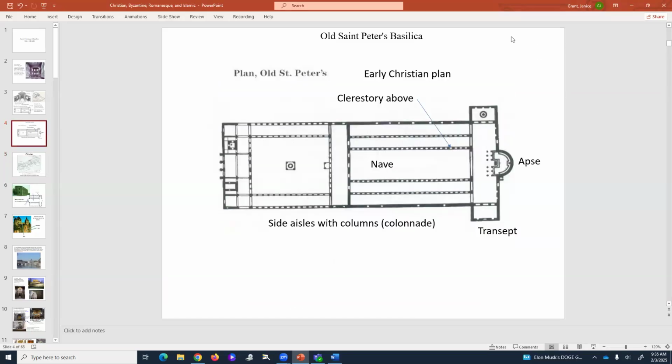Okay, so that's one of the quick sketches that we're going to be working with, just to pull a few elements from these four different styles that we're looking at today.